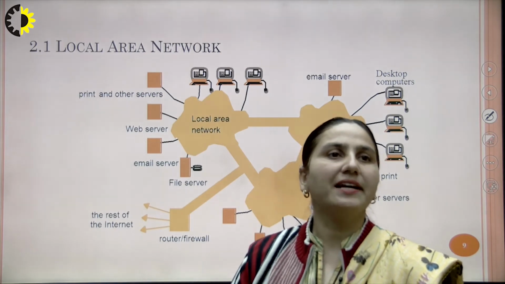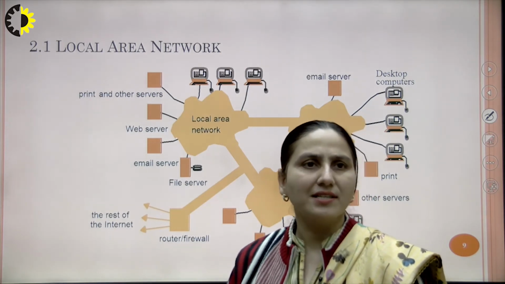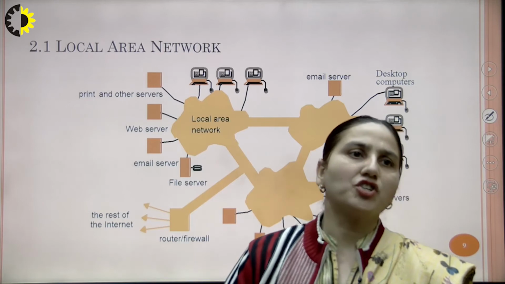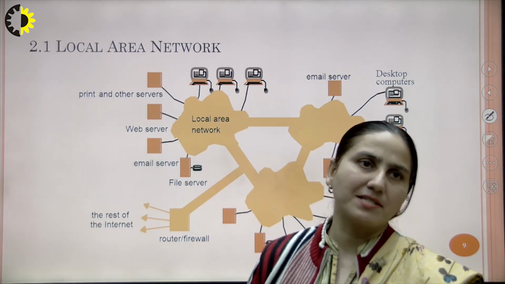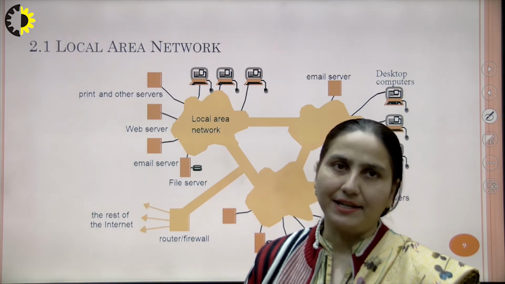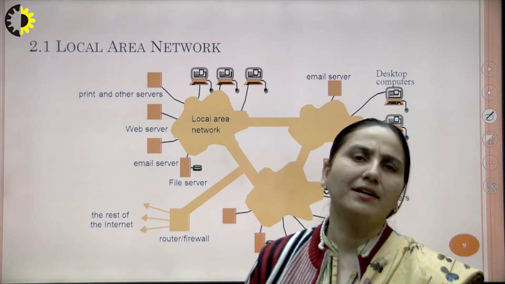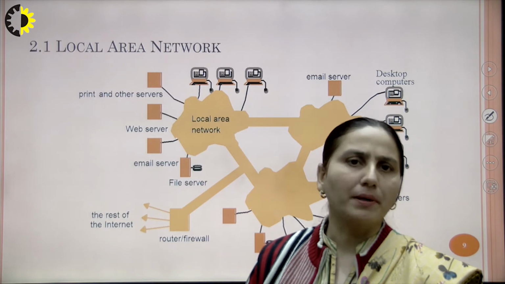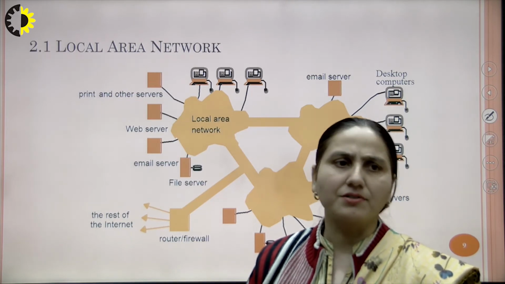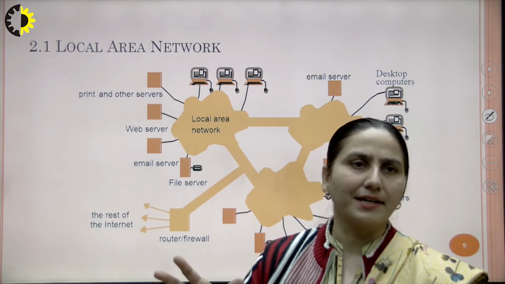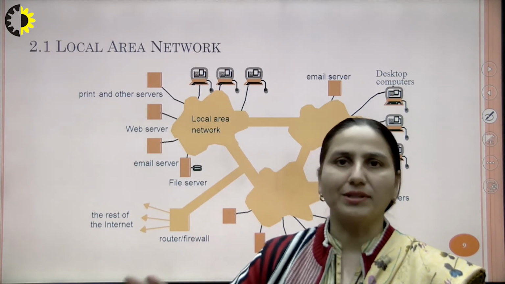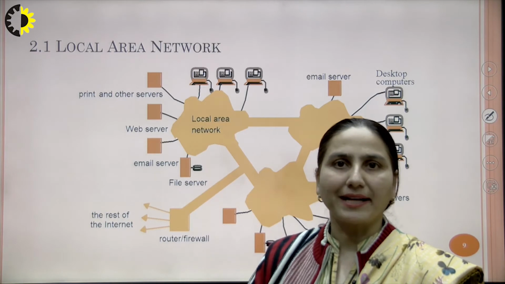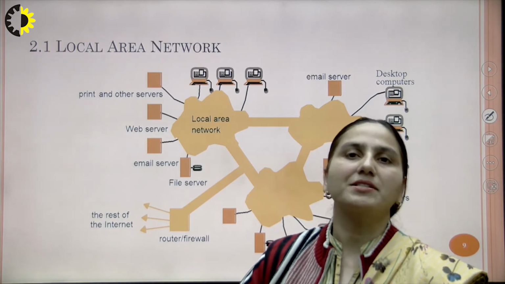Now this is a local area network. As you can see, the web server, the email server and the file server are connected to a particular LAN, along with the desktop computers, the other servers and the rest of the internet. We have different routers and firewalls, that means some checks or mechanisms so that only authentic messages will be able to access.